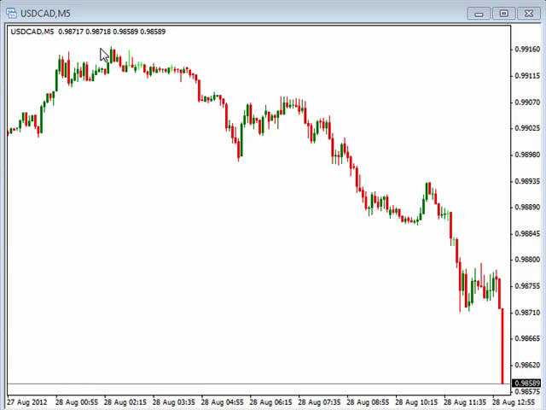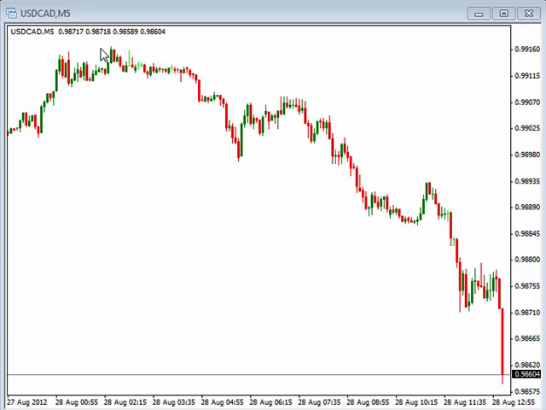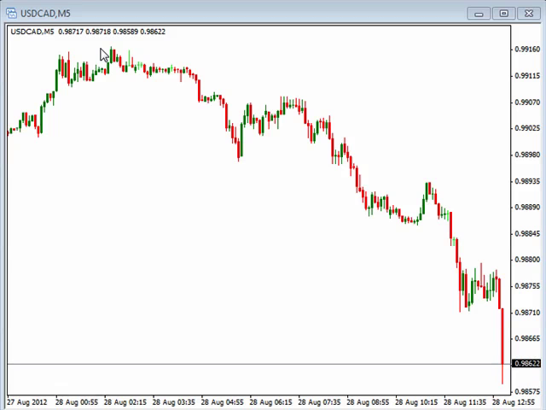Again, I'm not sure why we're seeing it at this time. It's not a time that we typically would see the news coming out. I'm not seeing anything right now that would indicate why that would be happening, but you can see a nice strong move.